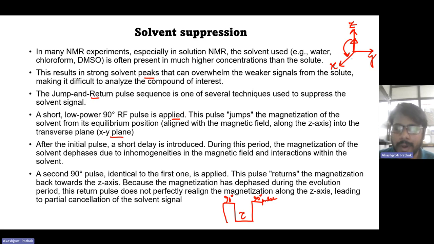So if a 90-degree pulse is applied again, what will happen? The magnetization of the nuclear spins of the sample that were directed along the x-axis will, because of this 90-degree pulse, move to the y-axis. On this y-axis, we have the receiver.